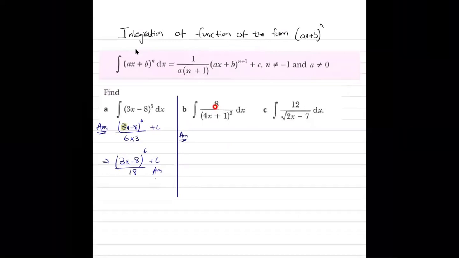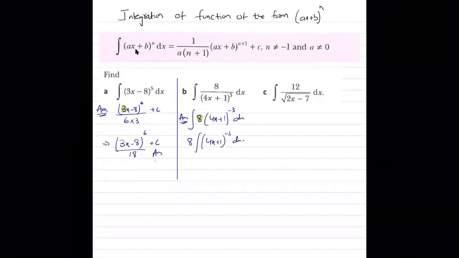Now you have a scalar number being divided by this bracket that is raised to some power. To simplify this, you can take this bracket power in the numerator, and that is going to be negative 3. This value of 8 is a scalar number. It can be pulled out of the integration sign, and then you can integrate this.